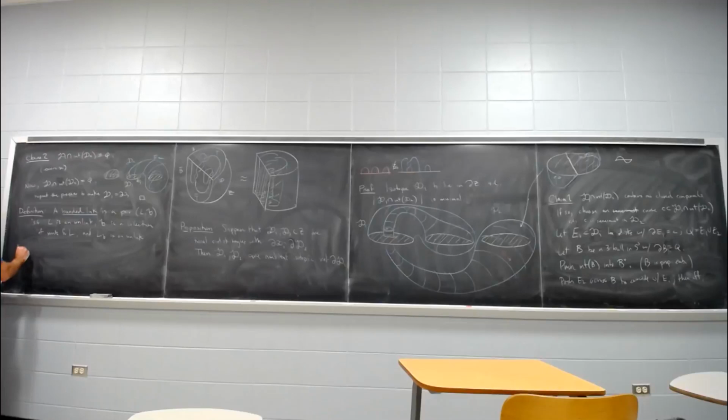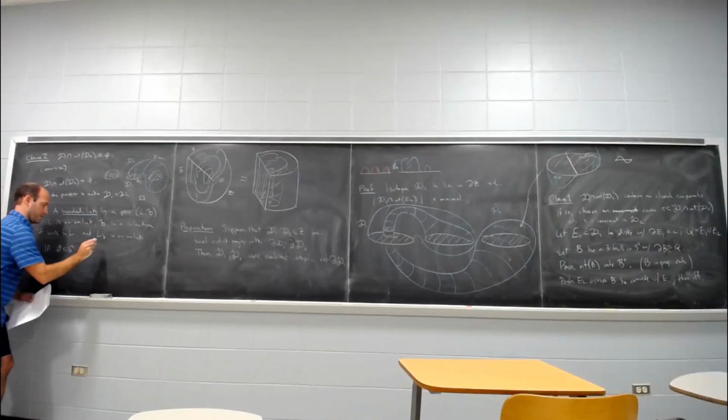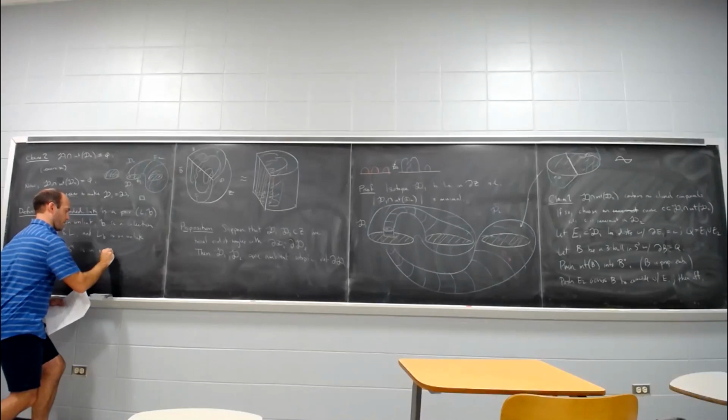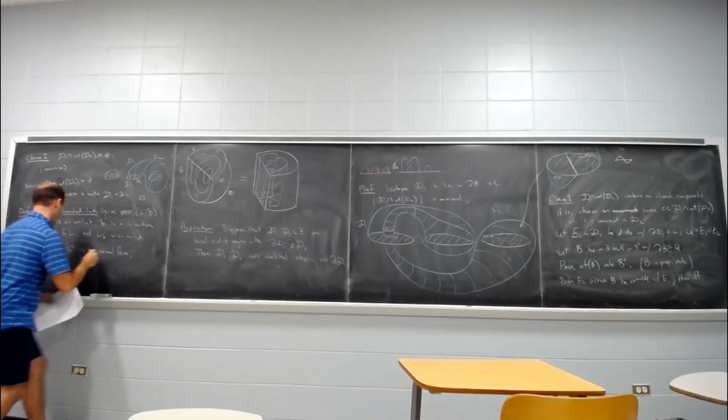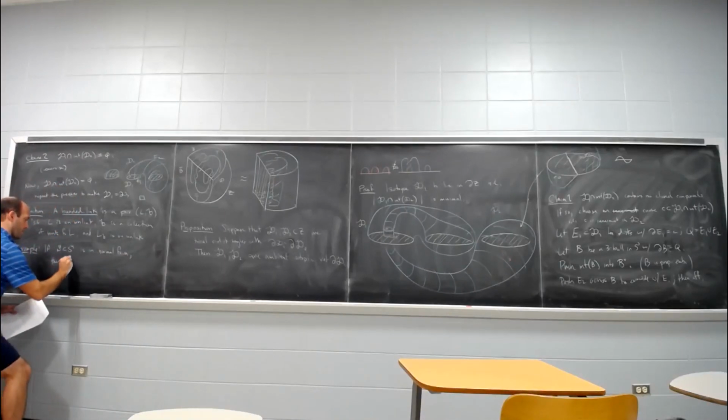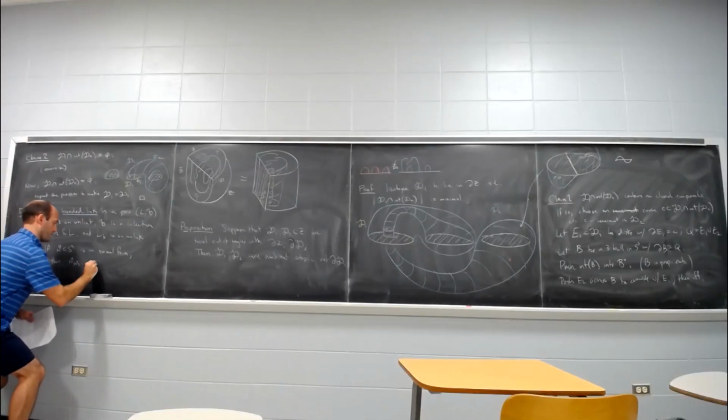So as an example, of all the things that I talked about this week, if S in S4 is in normal form, then the intersection of S with the equator is a banded link.